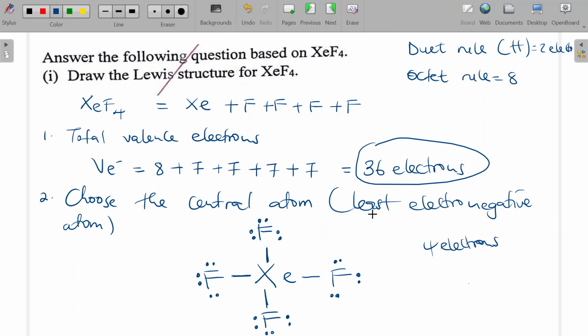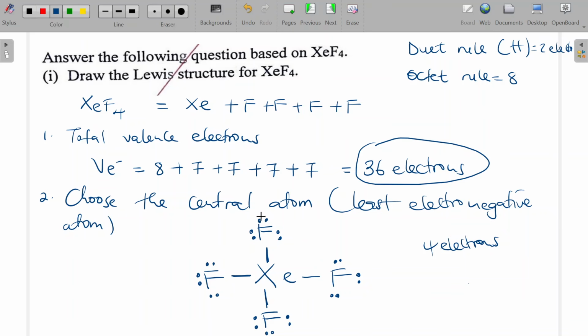Where am I going to add the 4 electrons which are remaining? Because I've used up 32. On the central atom, right? Yes, the central atom. So we add those ones on the central atom.